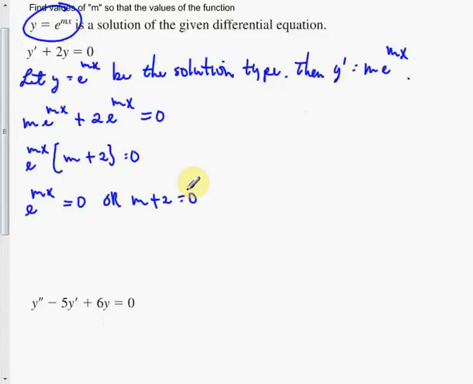Can e to the mx equal to 0? For any choice of x, or for that matter, for any choice of m? Can e raised to any power equal to 0? You probably get close to it, but no. Right?